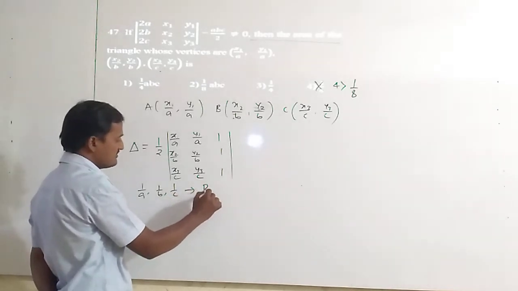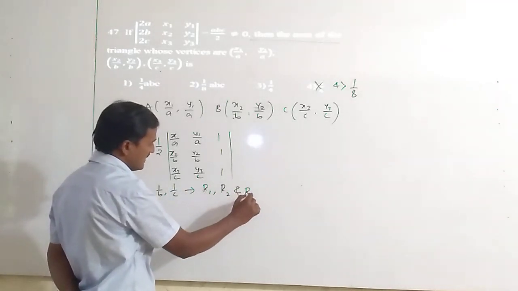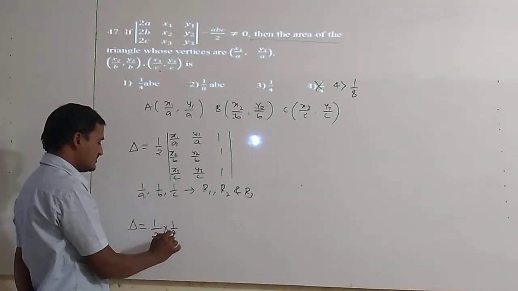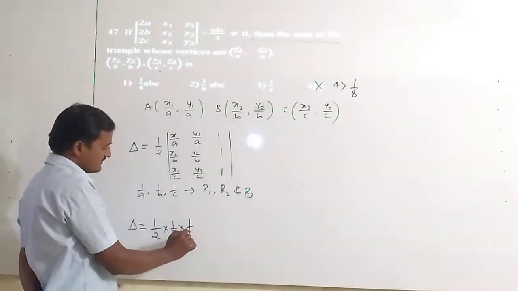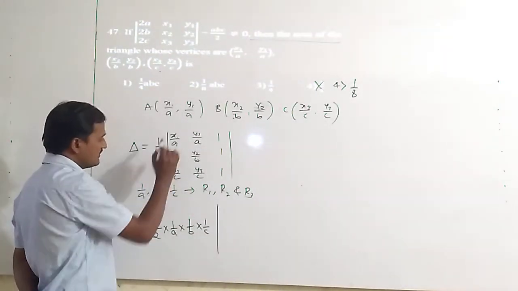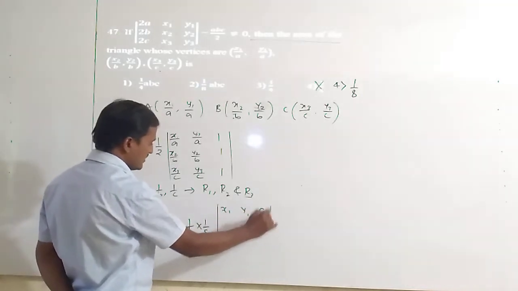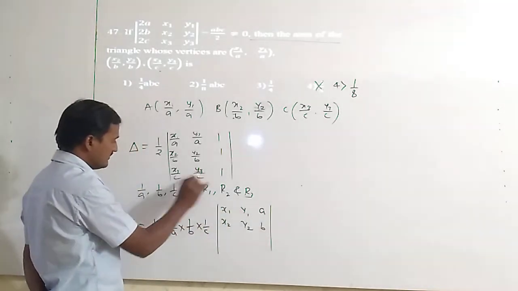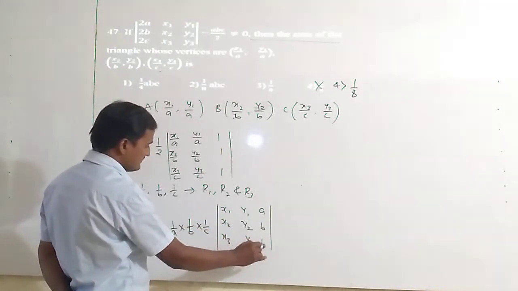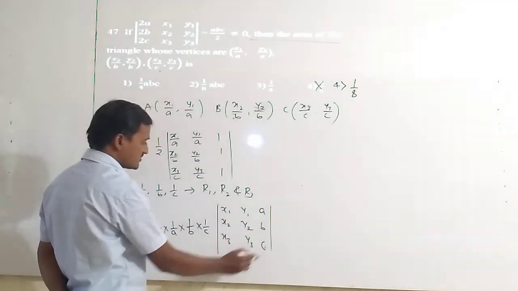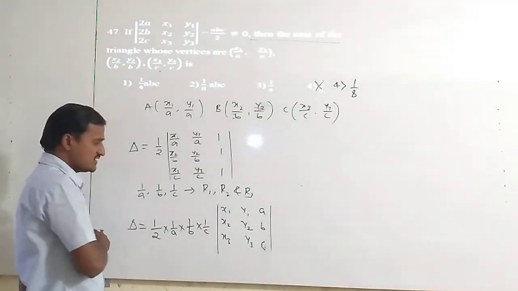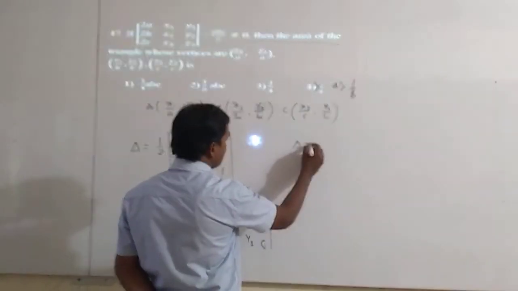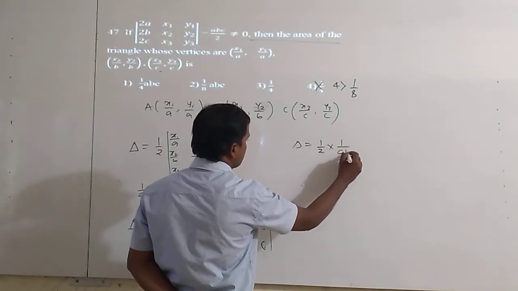So delta is equal to 1/2 as it is, times 1/a, 1/b, 1/c. So in R1 you are getting x1, y1, in R2 x2, y2, and in R3 x3, y3, right? Next, again there is a rearrangement. Here 1/2 times 1/a, 1/b, 1/c means I am getting 1/2 into 1/abc, right?